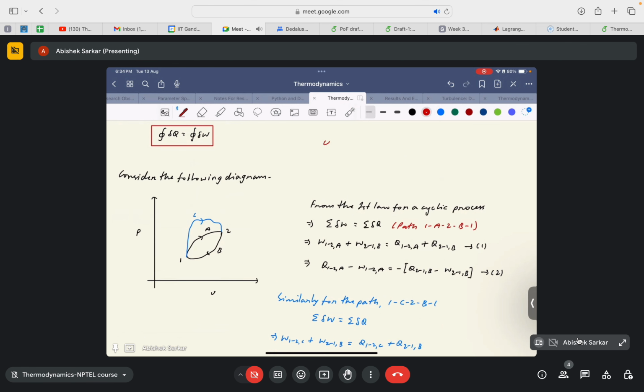The general form of the first law of thermodynamics for a thermodynamic system is given by this.